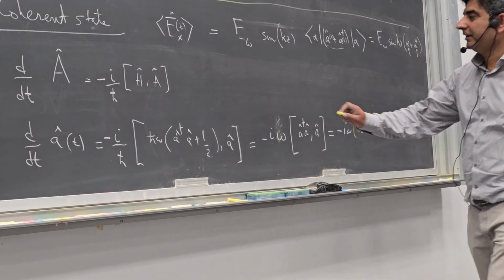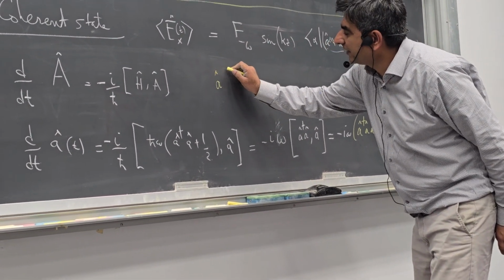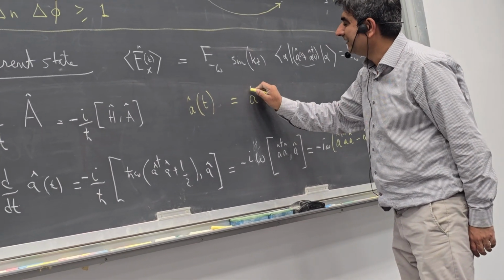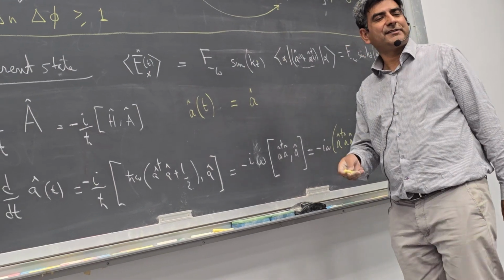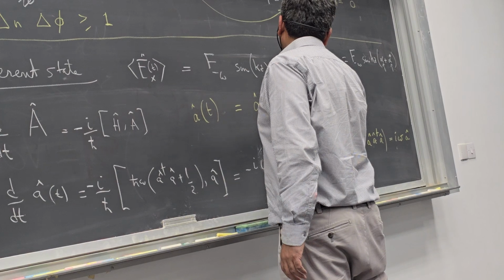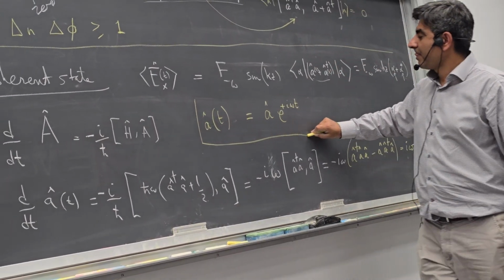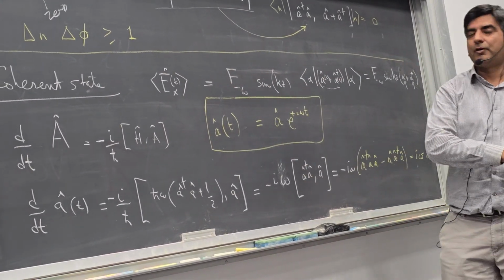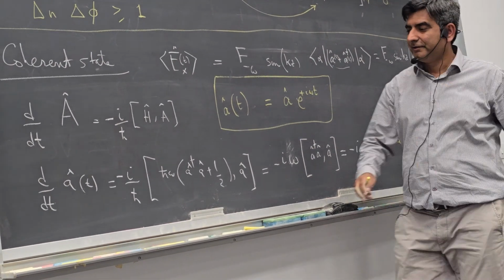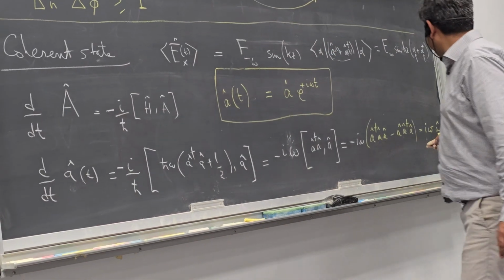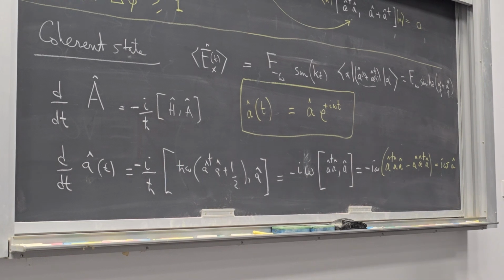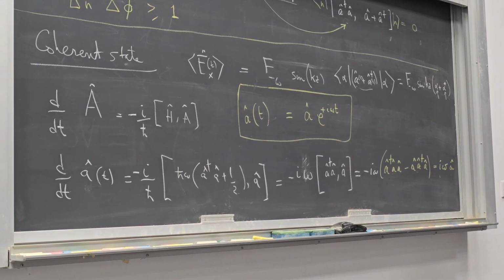which means that my A operator, if I solve this differential equation, this is A at time t equals 0, we just simply write as A e raised to I omega t. Alright? So I just solve this equation, right? The derivative of this operator equals this. Okay.